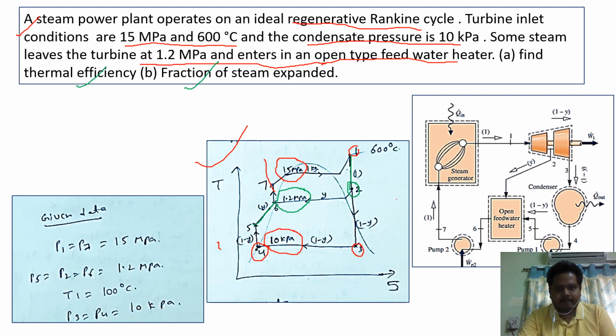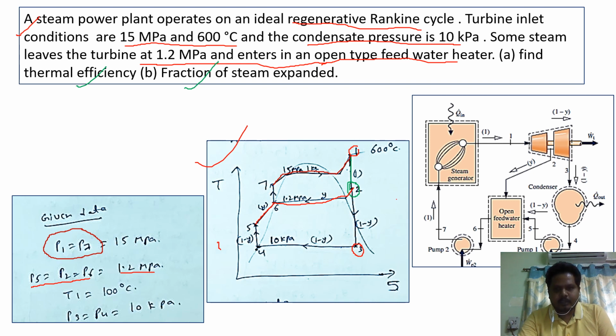Now see, the heat addition process in the boiler, 7 to 1, is a constant pressure process. So P1 equals P7, that is 15 megapascal. Process 5 to 6 in the open feed water heater is also a constant pressure process, and 2 to 6 is also constant pressure. So we can write P5 equals P2 equals P6 equals 1.2 megapascal.